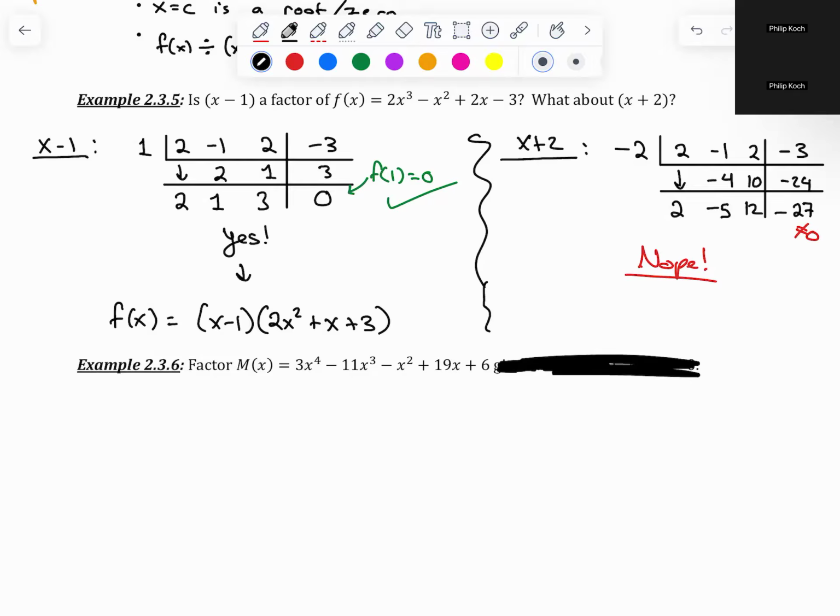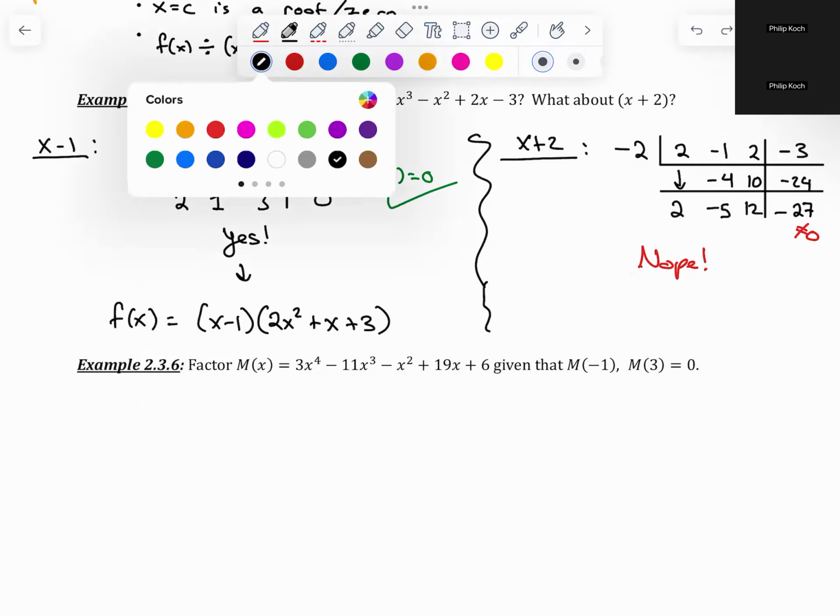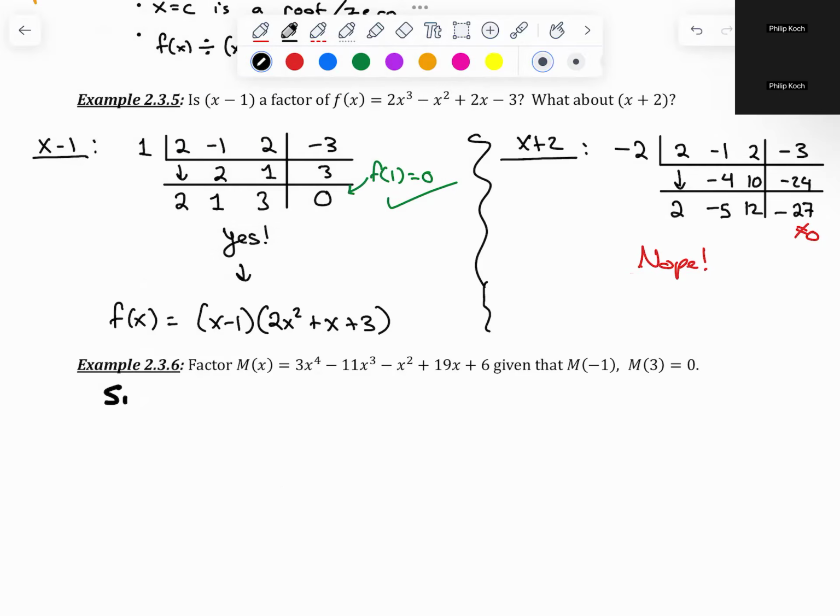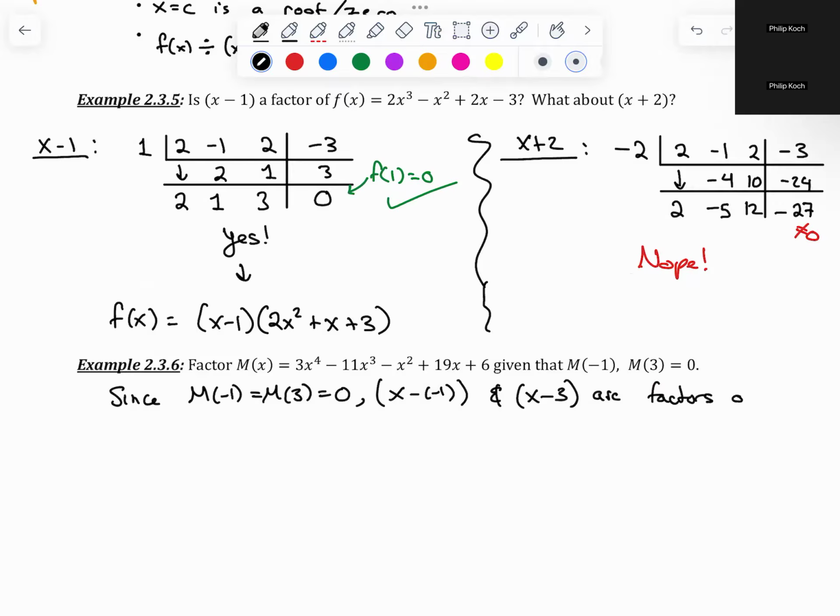So once we have this information, that's what we're going to write here. Since m of -1 equals m of 3 equals 0, x minus -1, that's x plus 1, and x minus 3 are factors of m.